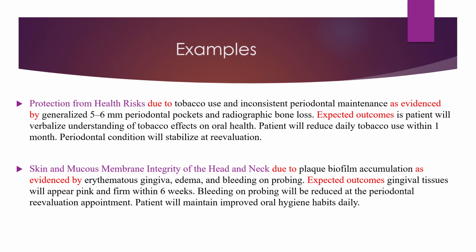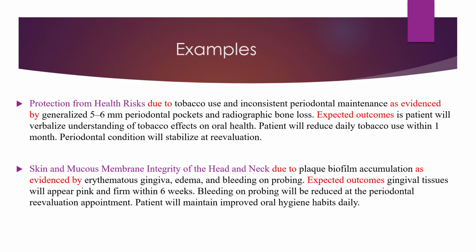And I look on my chart and I realize that it's protection from health risks. So this is my statement: protection from health risks due to tobacco use and inconsistent periodontal maintenance as evidenced by generalized 5 to 6 millimeter pocket depths with radiographic bone loss.